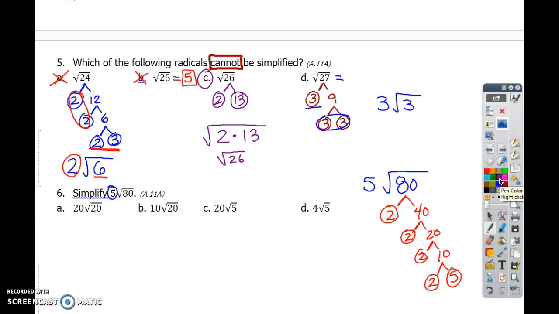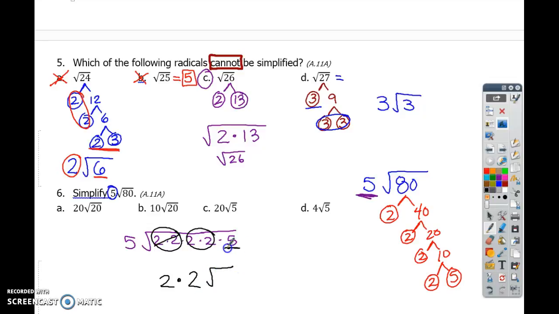So when I rewrite it, remember this 5 stays outside. So now you have 2 times 2 times 2 times 2 times 5 inside. You can take out a pair of 2's. That just becomes a 2. And take out the other pair of 2's. That also becomes a 2.